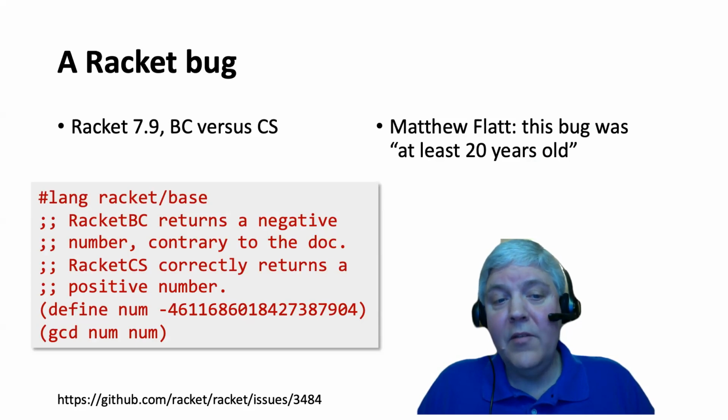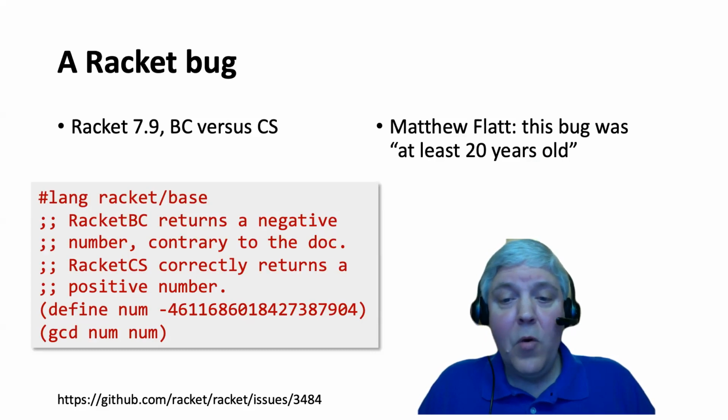And so Racket CS correctly returned the positive number. This program is the simplified version of the random program generated with our Racket kernel fuzzer. We reported it and it got fixed really quickly. Something that was interesting about this is that Matthew Flatt said that this bug was at least 20 years old when we got to report it.